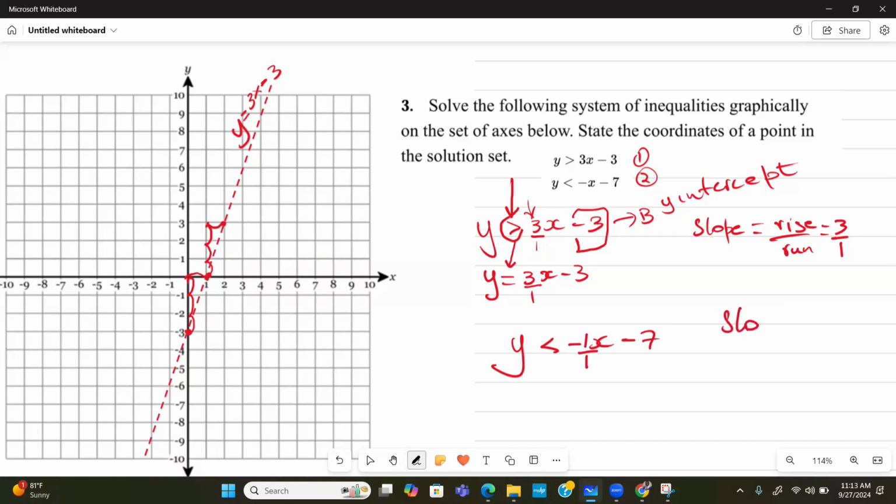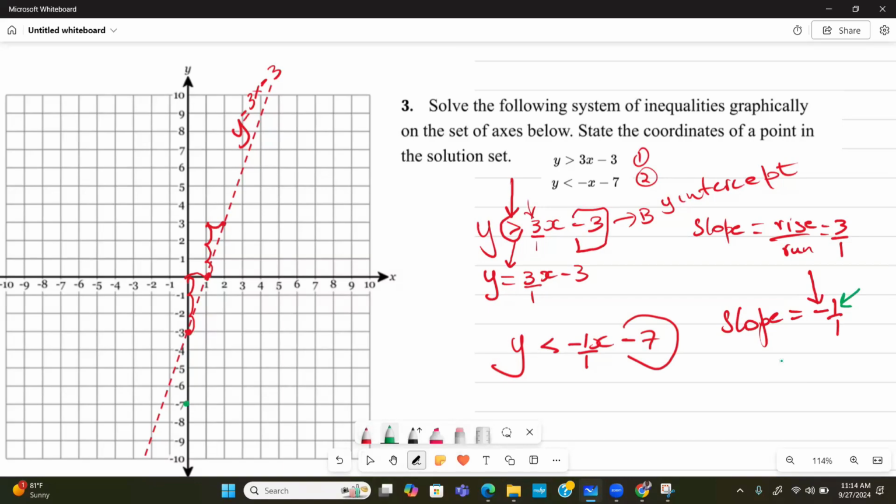So my slope is going to be a negative 1 over 1, which means I'm going to go down 1 and then across 1 because going down would mean a negative right there. My b value, which is my y-intercept, is negative 7 this time. So let us switch things up, negative 7.